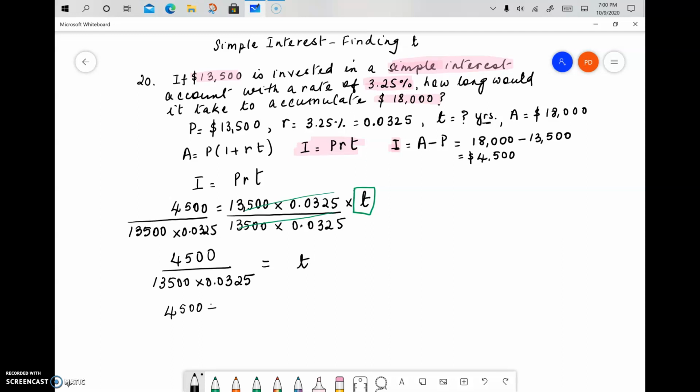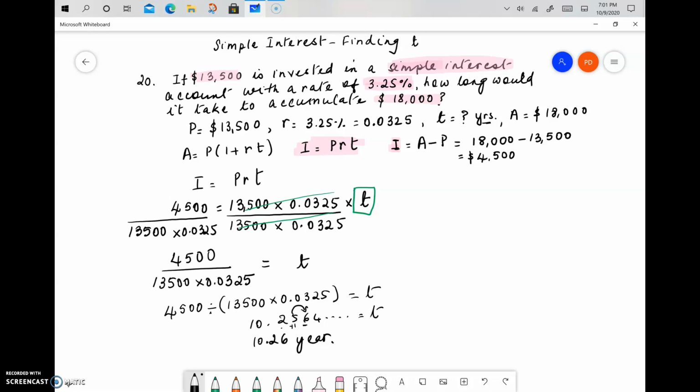You go 4,500 divided by open parentheses 13,500 times 0.0325 close parentheses, and then hit enter, so that you get 10.2564 dot dot dot. If we round it to 2 decimal places, we have to round up because that's a 6, so that's 10.26 years.